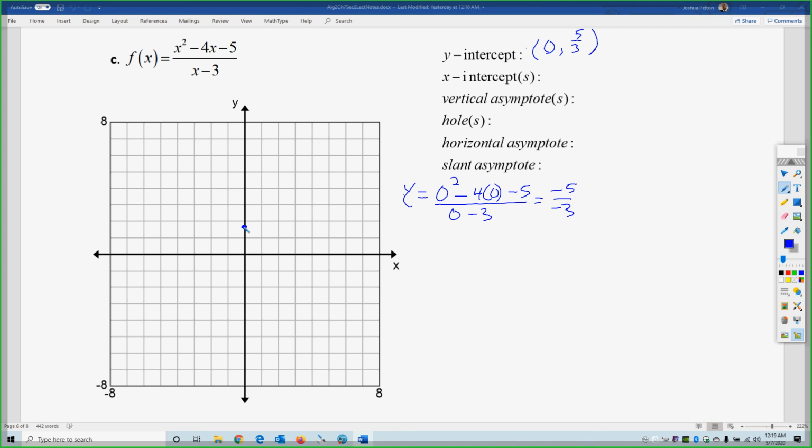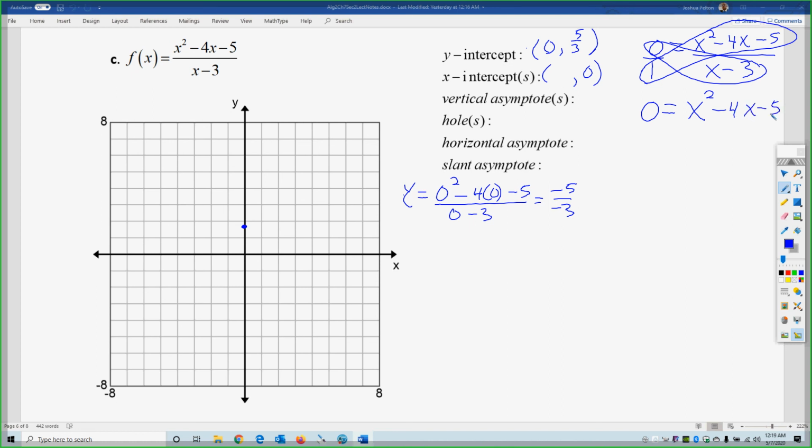All right, x-intercepts. Well, that means y is 0 by definition. So if I do that, 0 equals x squared minus 4x minus 5 over x minus 3, because y is 0. I'm going to put over 1 so I can cross multiply. That way gives me a 0, and 1 times a polynomial is x squared minus 4x minus 5.